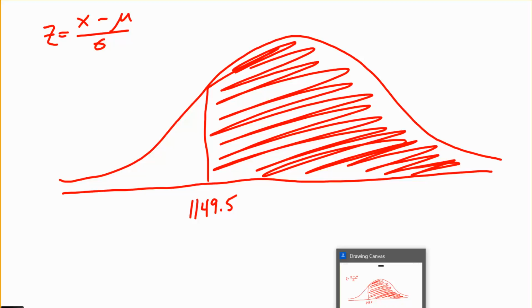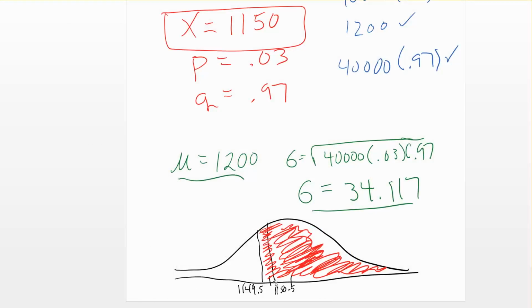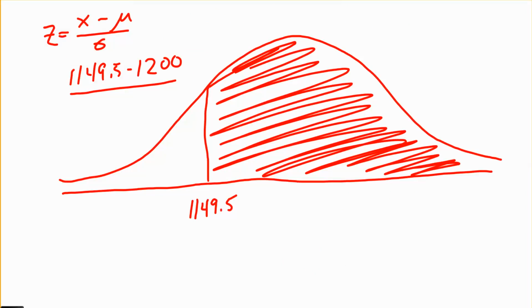And so what we're going to use is 1149.5 for x. Our mean in this problem was n times p, or 1200. And our standard deviation, I'm going to go back and find that, was 34.117.